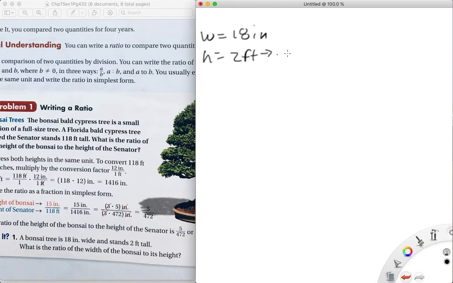And 2 feet is 24 inches. And they want its ratio of width to height.